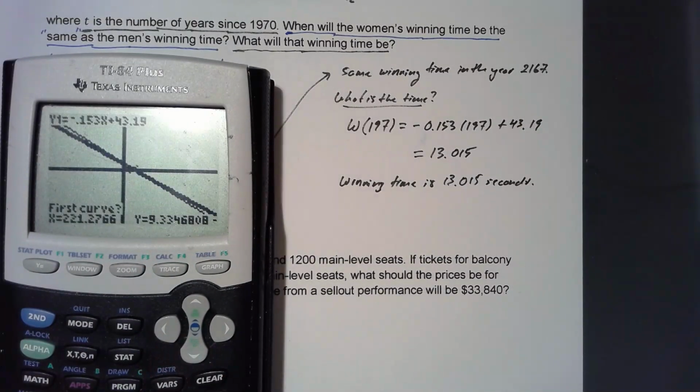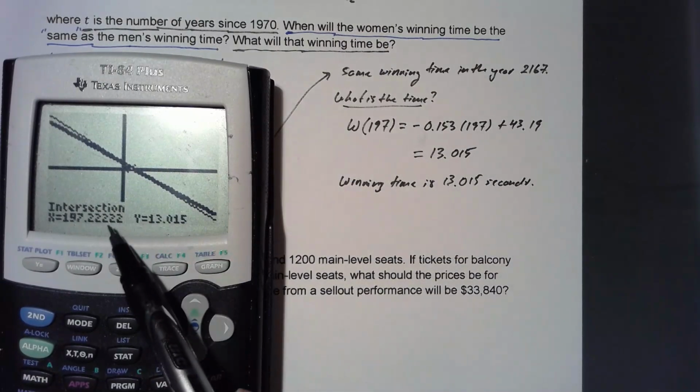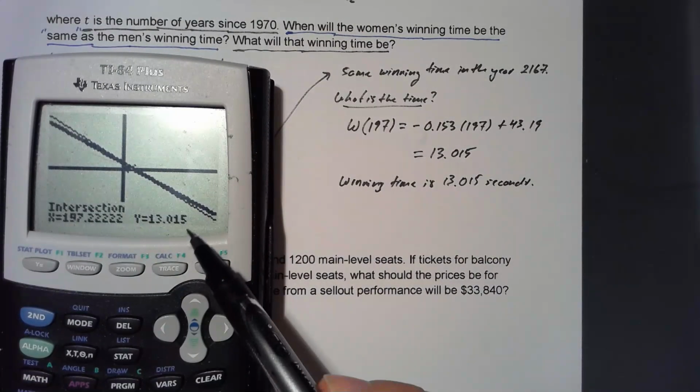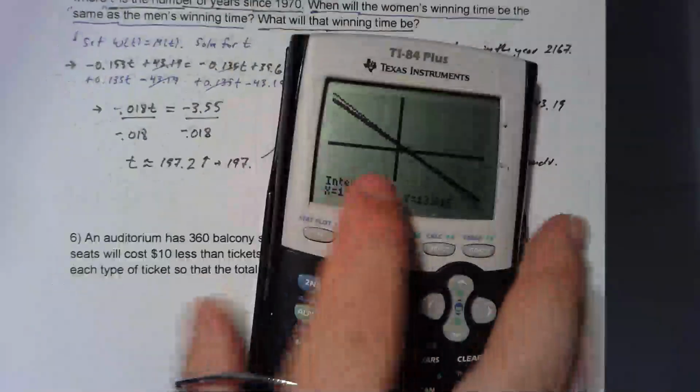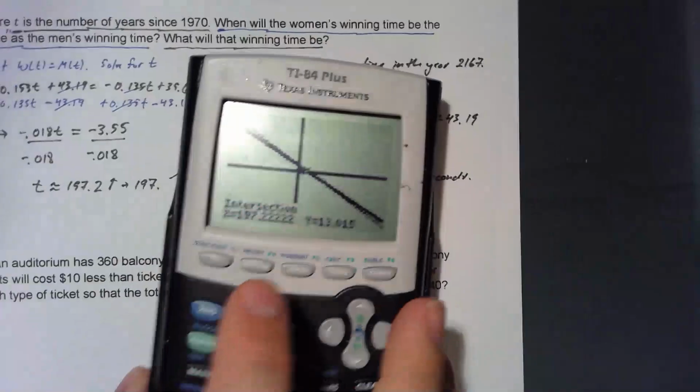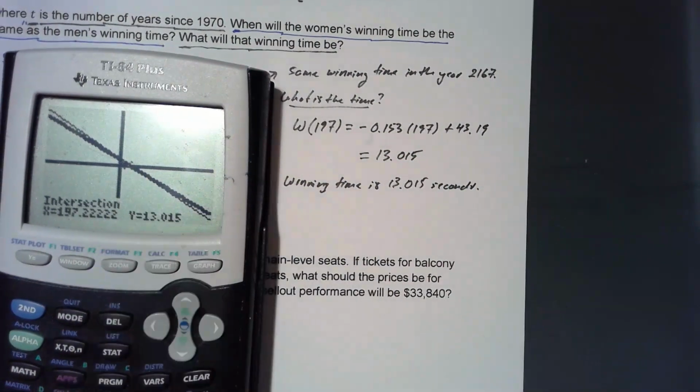Pick a point on the first curve, hit Enter. Pick a point on the second curve, hit Enter, and then hit Enter again. And there it is: 197.22, 13.015, which is what we got. So there's the X value, or the T value, and there's the Y value, or the winning time value.